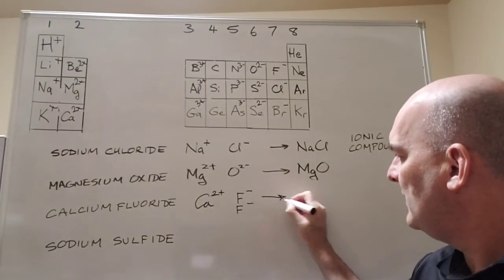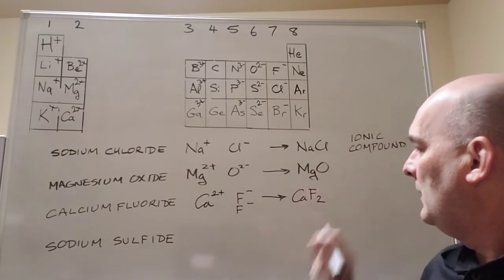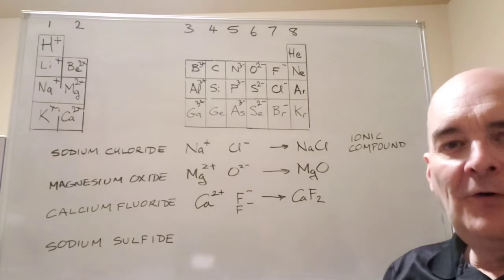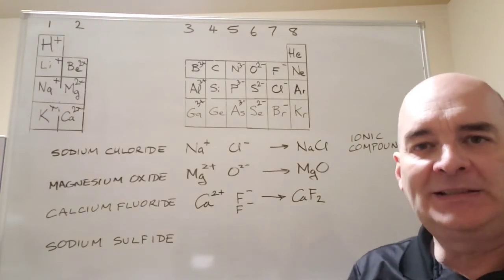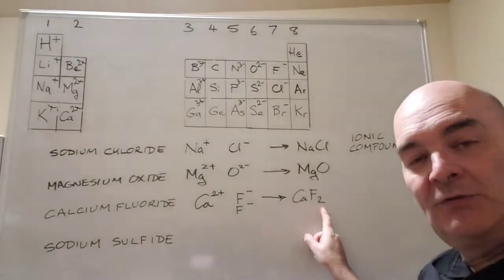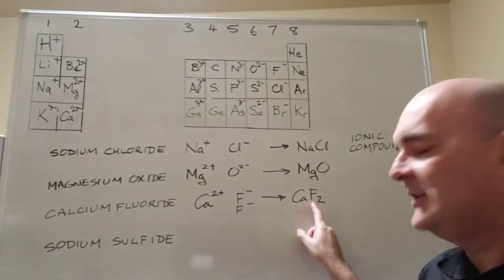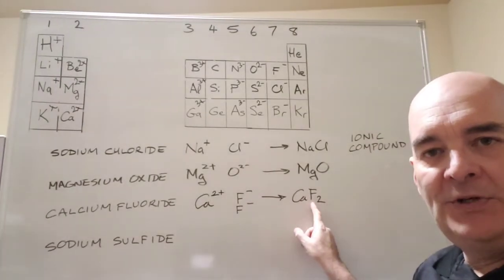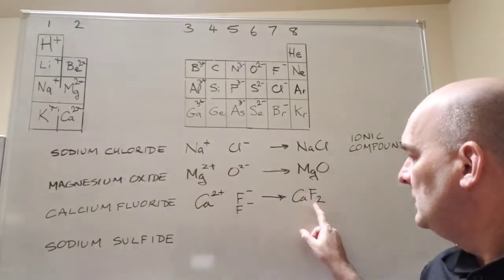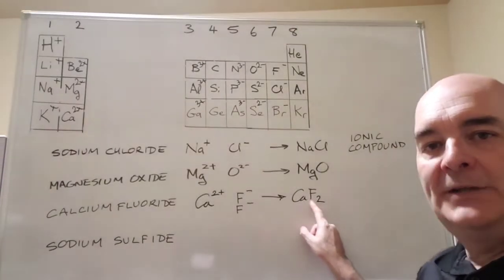And we represent that this way: the chemical formula for calcium fluoride is CaF2. A subscripted number multiplies only the atom that immediately precedes it. So there's 1 calcium and 2 fluorides.